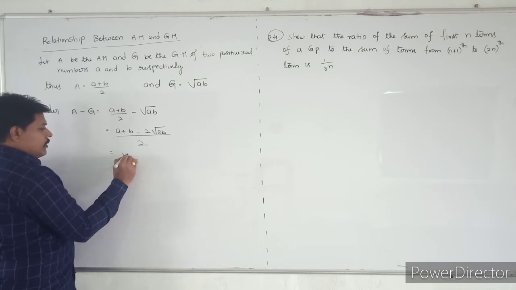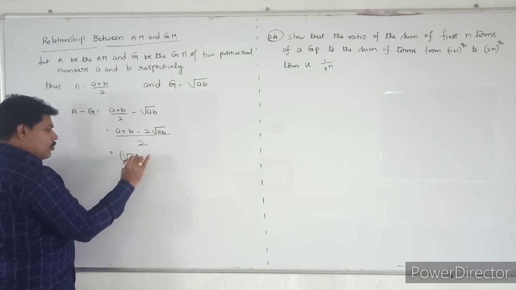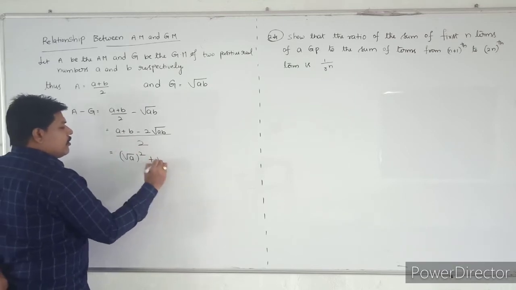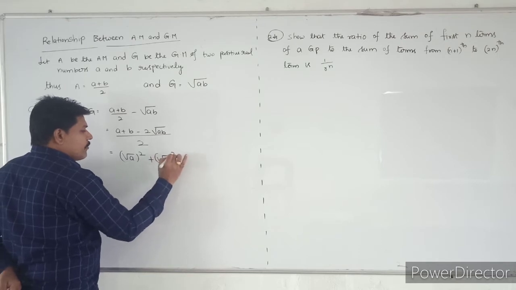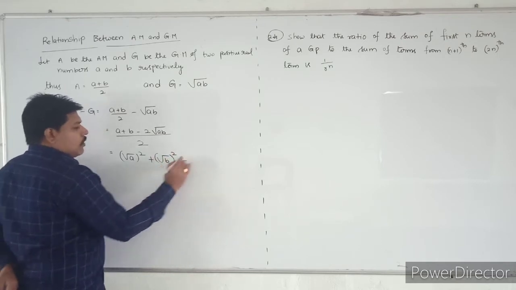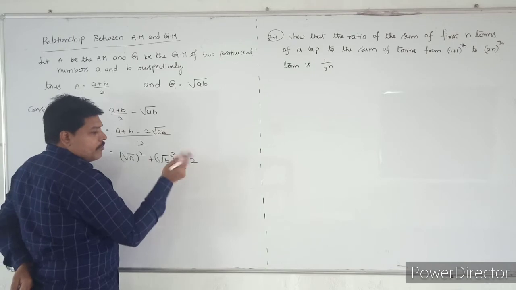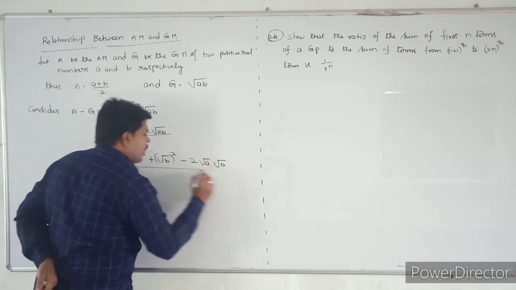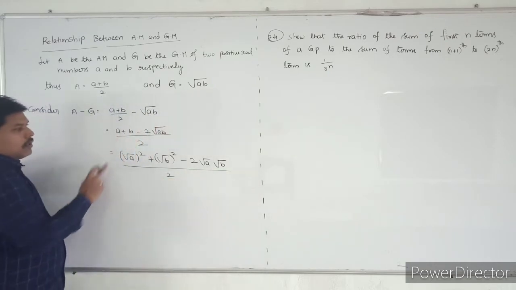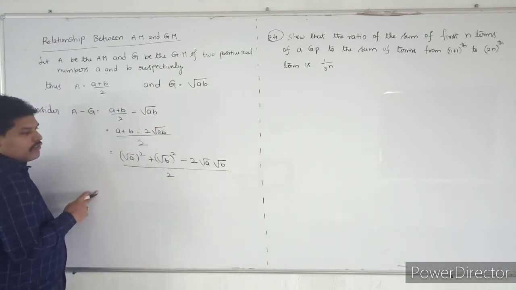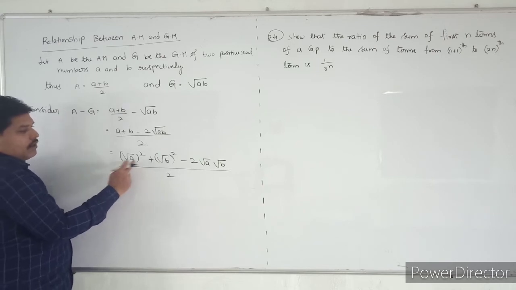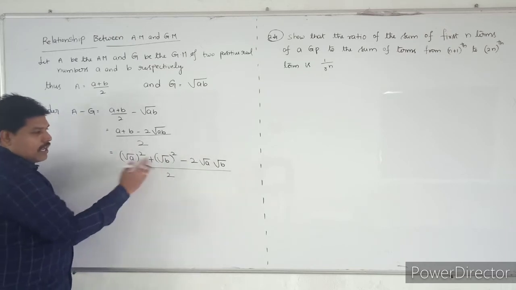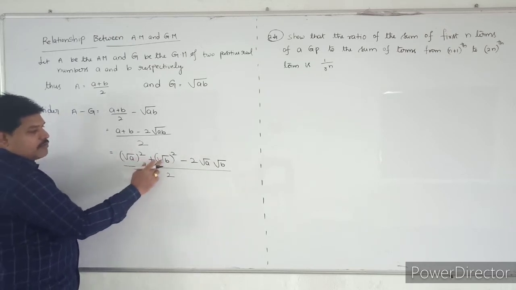See that carefully. a I write as (root a) whole square, plus b you can write as (root b) whole square, minus 2 into root ab, meaning root a into root b, whole by 2. So a plus b minus 2 root ab is in the form of a square plus b square minus 2ab, and a minus b whole square formula is a square plus b square minus 2ab.